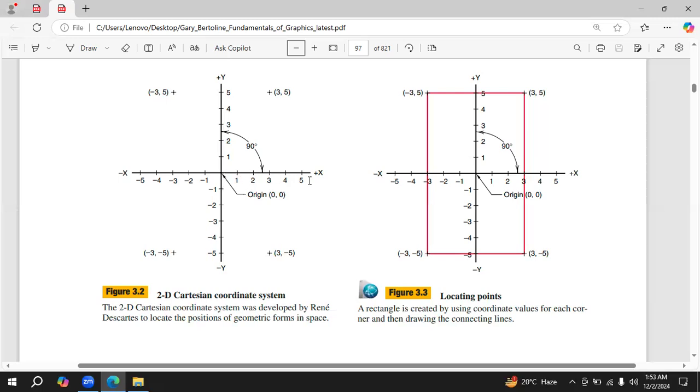If the distance is covered towards the left side after the origin point, the values will be negative. Similarly, if you go upward from the origin, the values will be positive on the other axis. Once you go downward on that same axis, the values will be negative. So towards left and downward, the values will be negative.